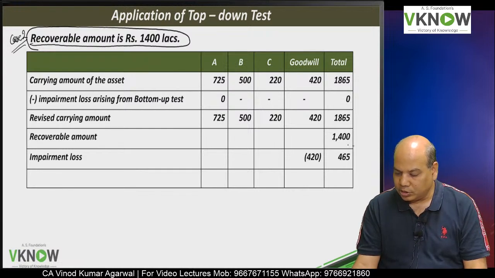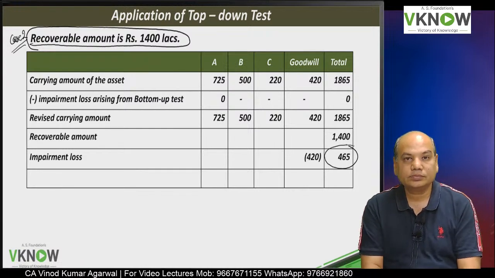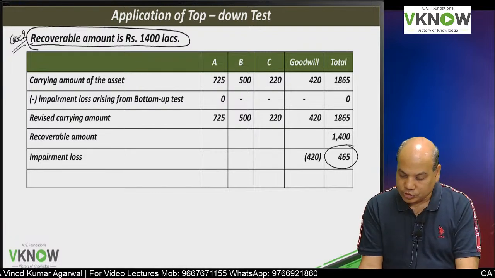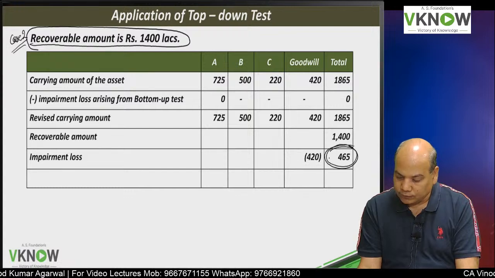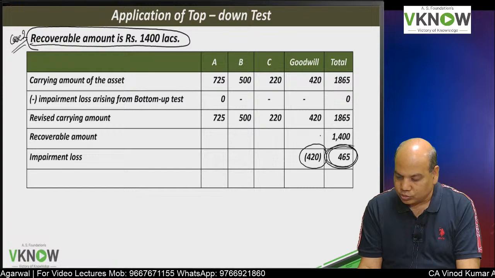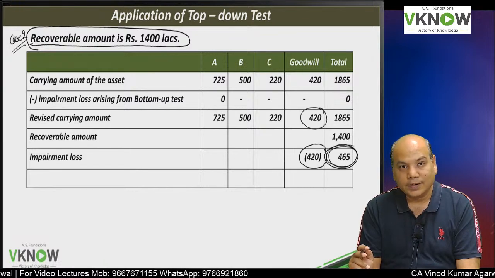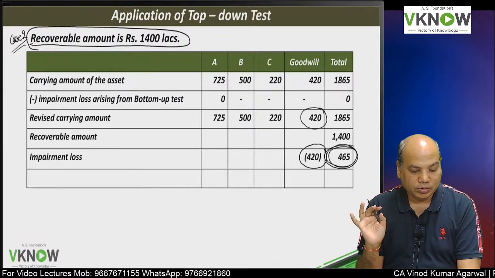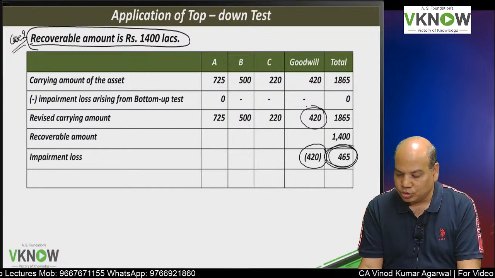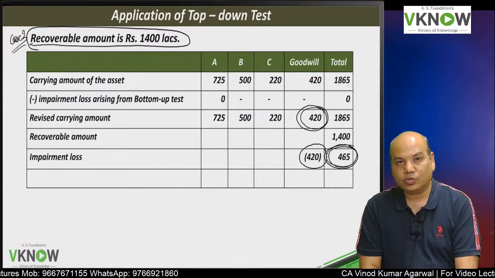You will have an impairment loss of 465. Write down. You will have an impairment loss of 465, but out of 465, we will allocate towards goodwill only 420, because goodwill balance is only 420.